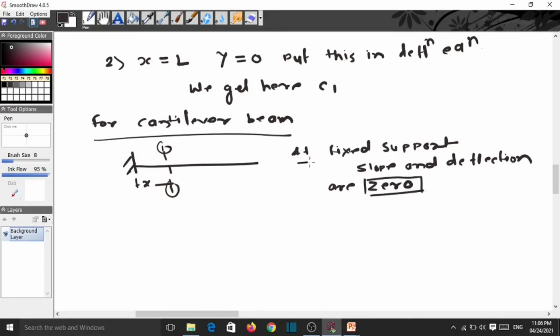So x is equal to 0. First condition is dy by dx equal to 0, and second condition is x equal to 0, y equal to 0.